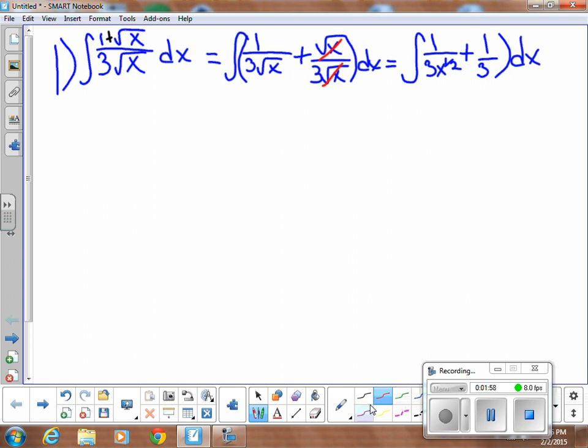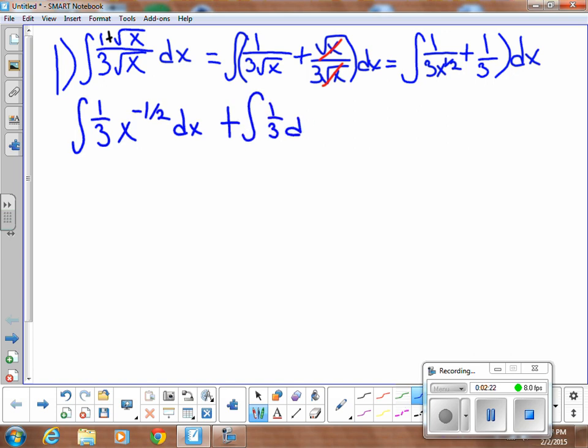So then you're just left with 1/3. That's where that's coming from. So therefore, we're integrating 1/3. I can bring up the x, so it becomes x to the negative 1/2 dx, plus I can integrate separately the 1/3 dx.